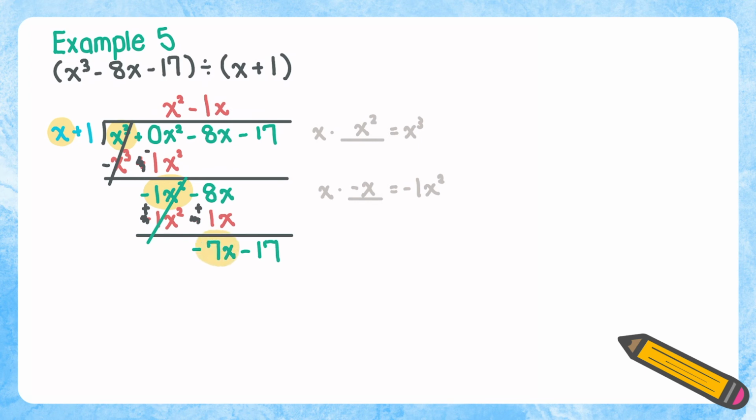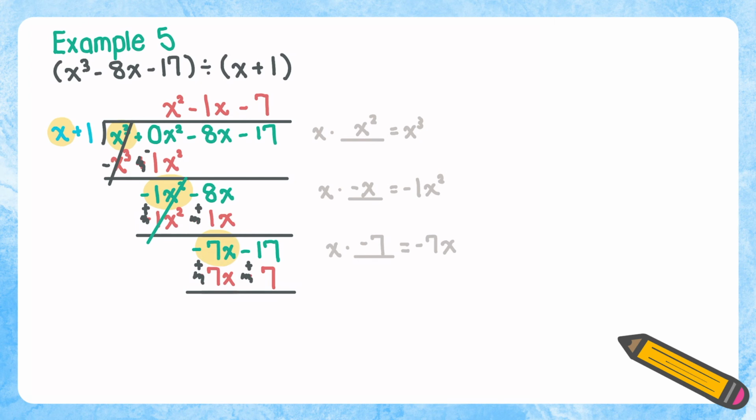Alright, so let's see, x times what would equal negative 7x? Simply negative 7. So let me write negative 7 up here, and we distribute to get negative 7x minus 7. Again, we're going to flip signs for both terms.